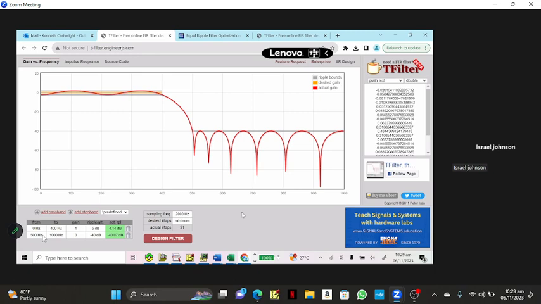Are you talking about what is required to make a digital signal? No. I'm asking what does it require to make a digital filter?